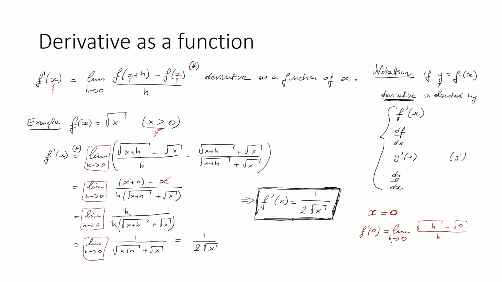If I let h go to 0 from the negative side, then I'm in trouble because I have that square root of h, and I can't take the square root of a negative number. So in this case, the left limit, the limit as h goes to 0 from the negative side, does not exist. I can only take the limit from the positive side.